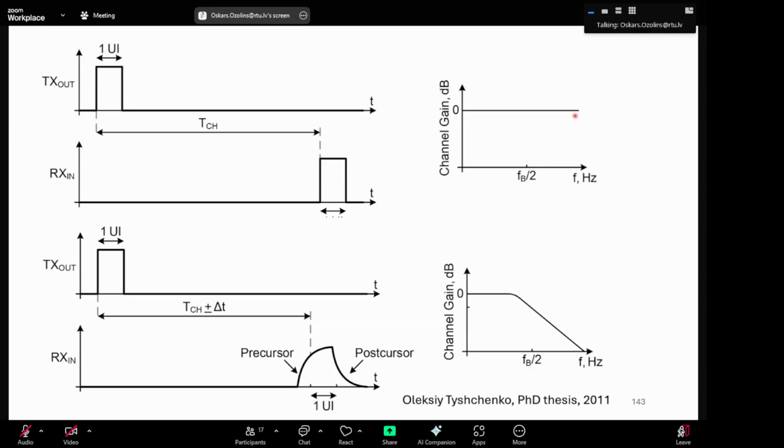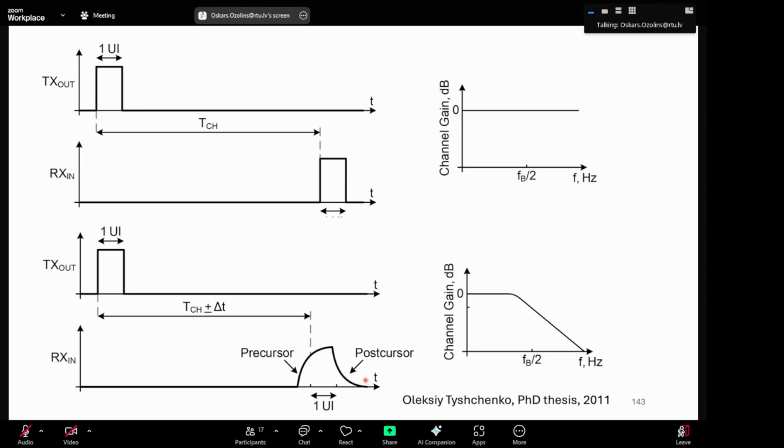Then, for example, if you have a bandwidth limitation like here, where your channel after a certain frequency starts to decay like this, you will start to get pulses which have a precursor and postcursor.